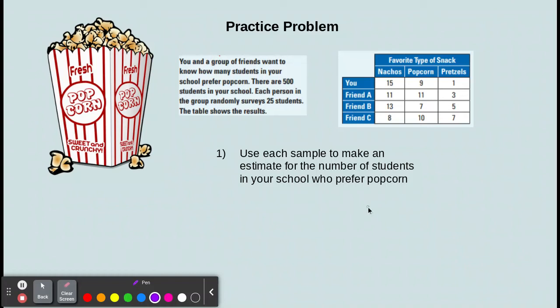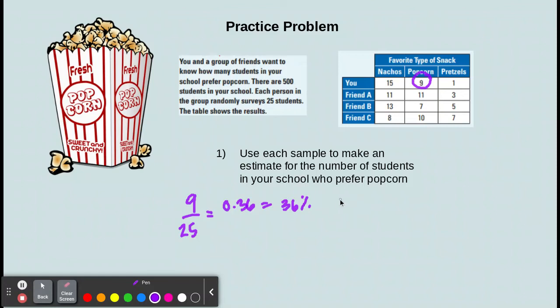So you're going to use the percentage that you found and multiply that by the number of students in your school. So for instance, for you, you found 9. 9 out of the 25 students preferred popcorn. And 9 divided by 25 ends up being 0.36, meaning 36% of the students you surveyed prefer popcorn.